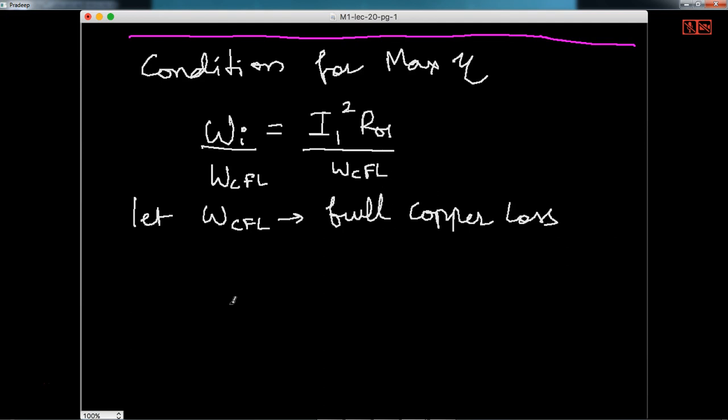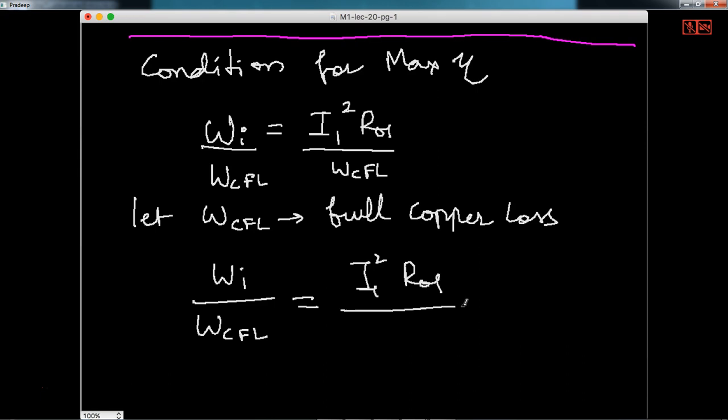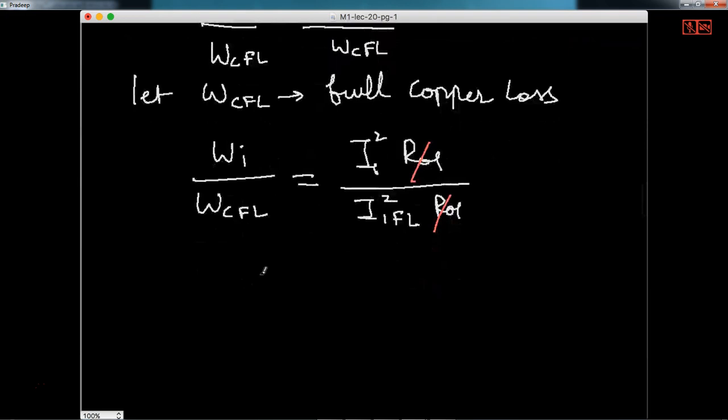But what is copper loss at full load? Wi is anyway constant. WC at full load is equal to I1 full load square multiplied by R naught 1. So here I can cancel out the R naught 1. Then here you can see the fraction.